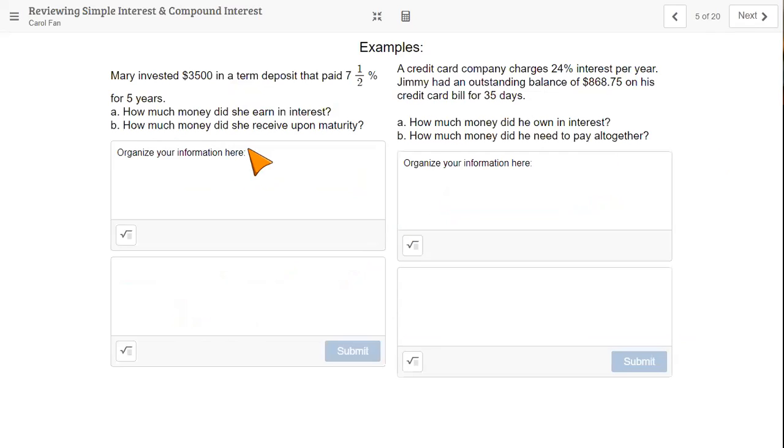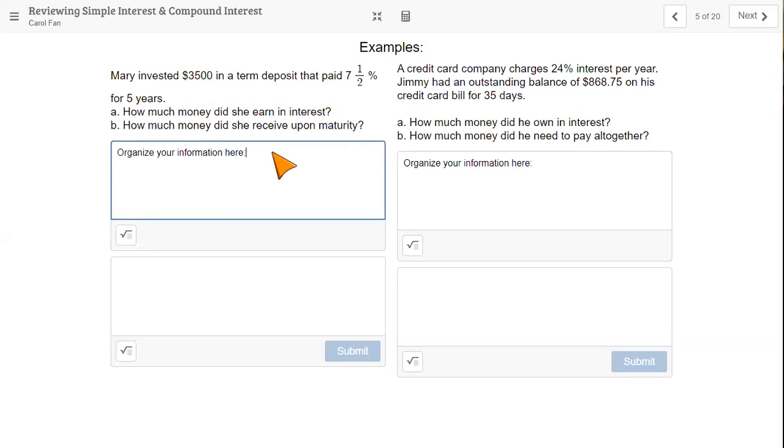Let's go on to do a couple of examples based on what we know. Mary invested $3,500 in a term deposit that paid 7.5% for 5 years. How much money did she earn in interest, and how much money did she receive upon maturity? So at maturity, she's going to take back her original investment plus the interest.